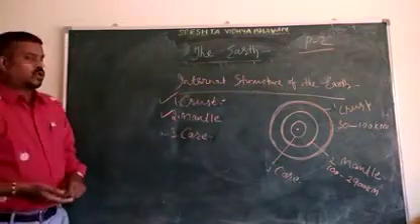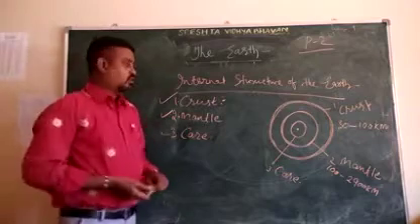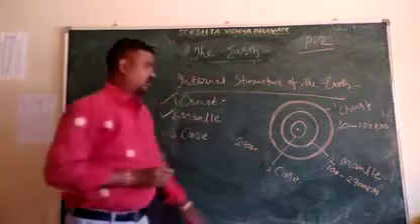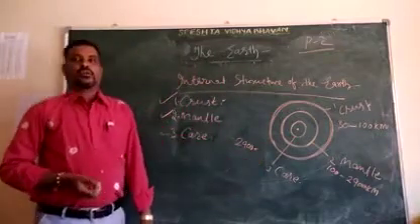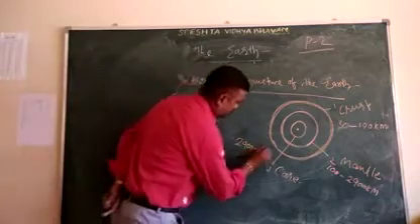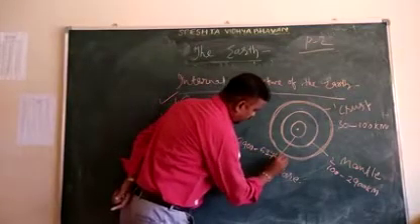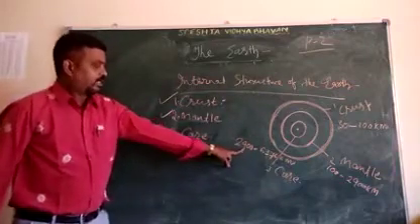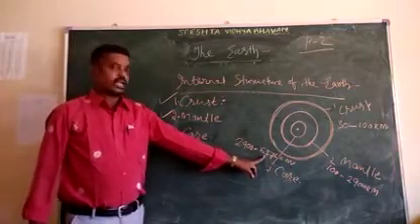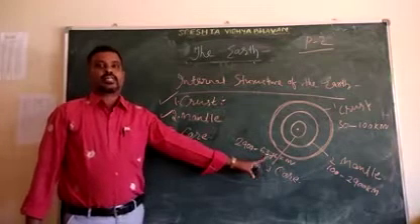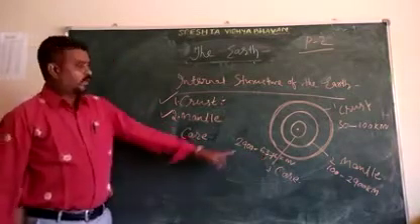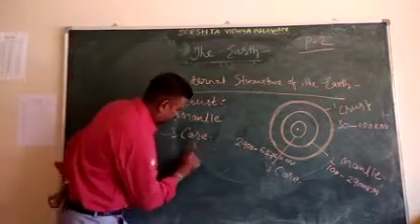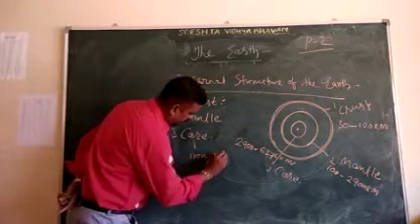The thickness is 2,900 to 6,376 kilometers. Here we can find iron and nickel.